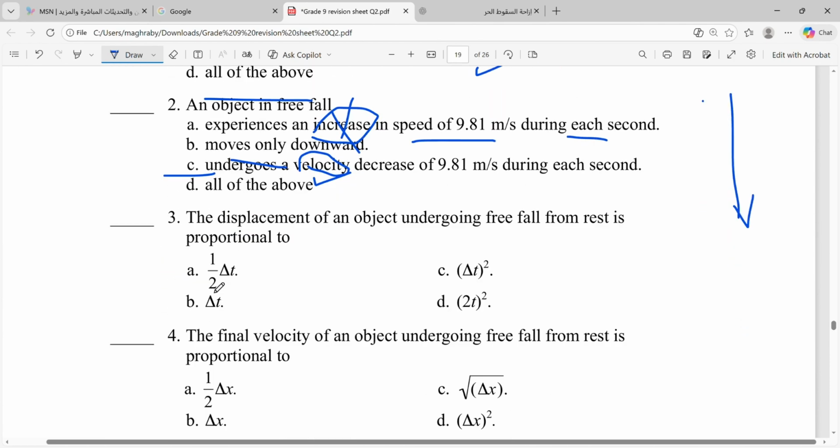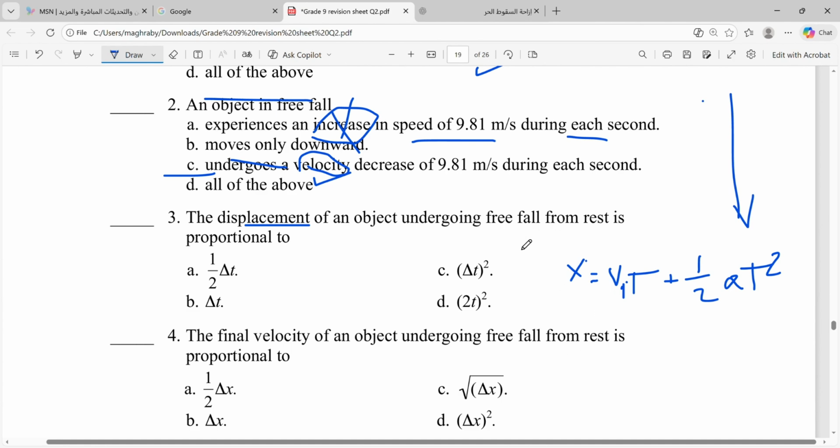Okay, the displacement of an object undergoing free fall is proportional to what? He is asking about the displacement, and here we have the time. So x is equal to v initial t plus half a t square.